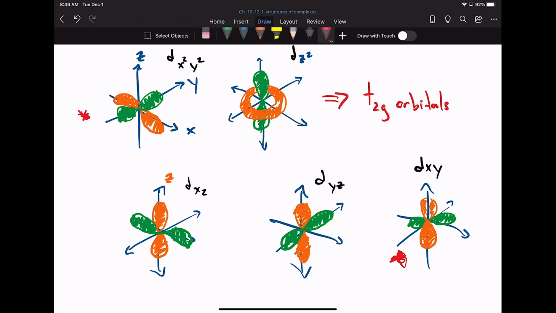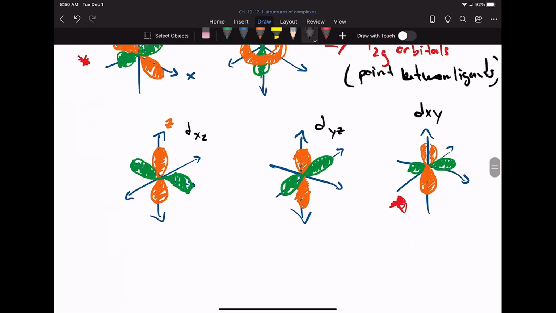The T2g orbitals point between ligands, and these down here are known as the eg. Let me write a subscript g. The eg orbitals, right?